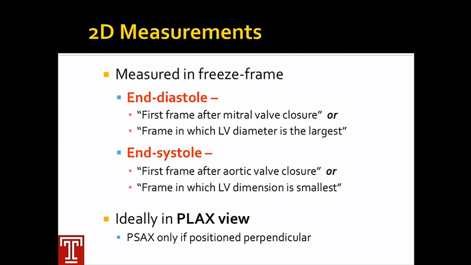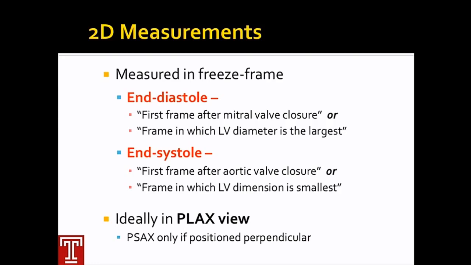End systole can be the first frame after aortic valve closure, or the frame in which LV dimension is the smallest. Once again, I would like to emphasize that these all should ideally be made in the parasternal long axis view. There are many labs, including when I inherited the lab at Temple, that make these in the parasternal short axis view, with the assumption that, well, if it's close to looking like a donut, we must be on axis.